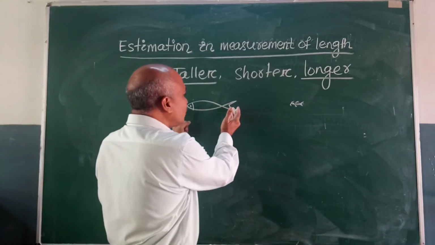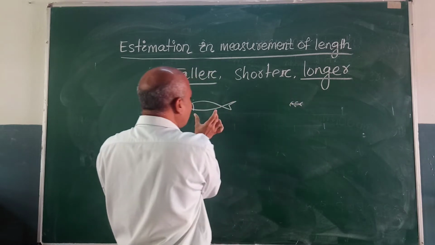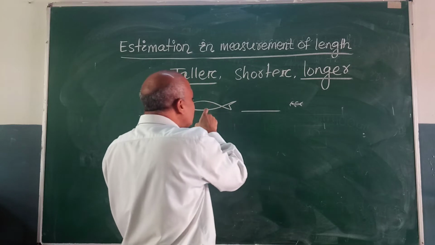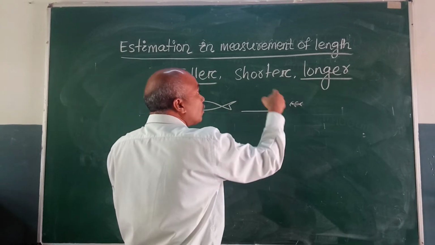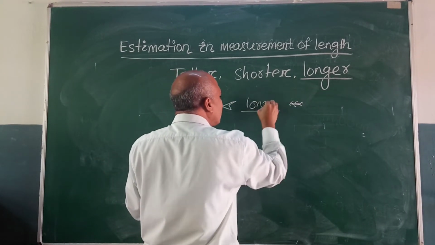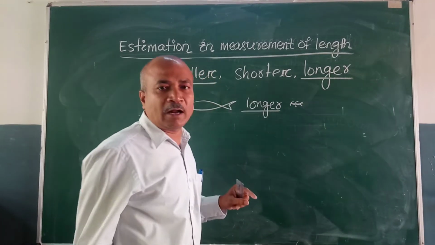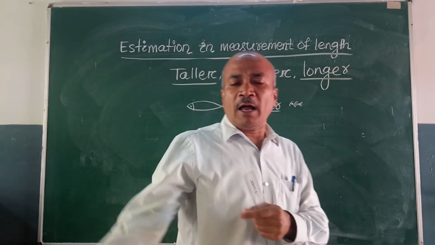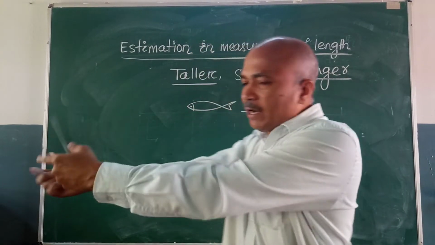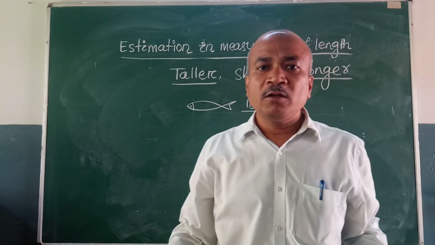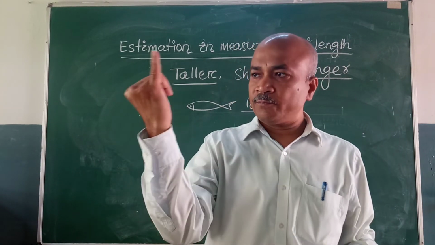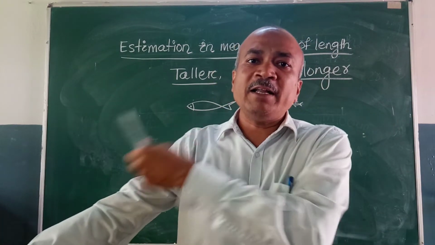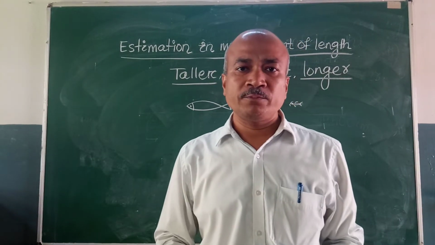The length of the ant and the pencil, if we compare, then you can say this pencil is longer than this ant. Is it clear to you? You compare the length of the hand and the length of your finger. So you can say that the hand is longer than the finger.